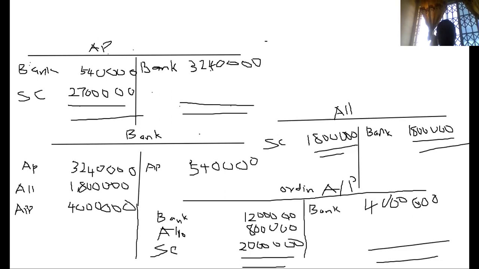Okay. So let's look at the allotment stage. What will happen? So what it means is that applicants have a credit balance of 800,000 being held by the company.